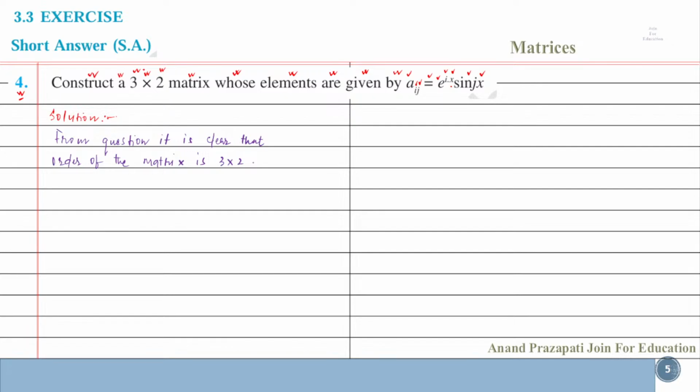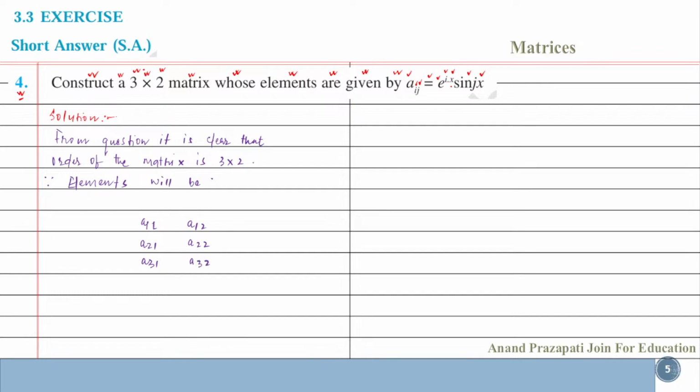Therefore the elements will be A11, A12, A21, A22, A31, A32.